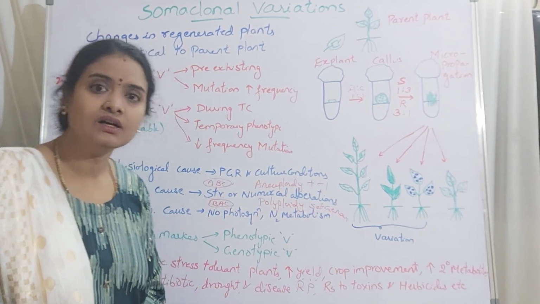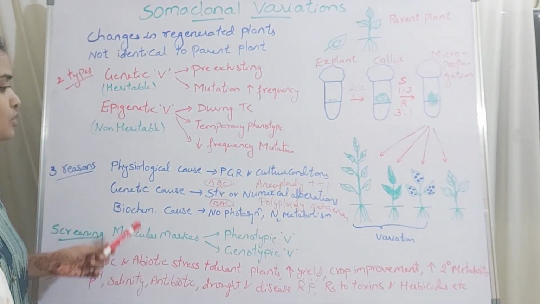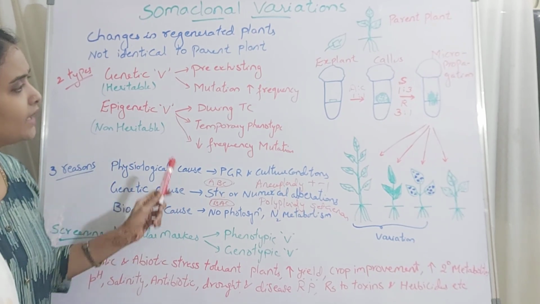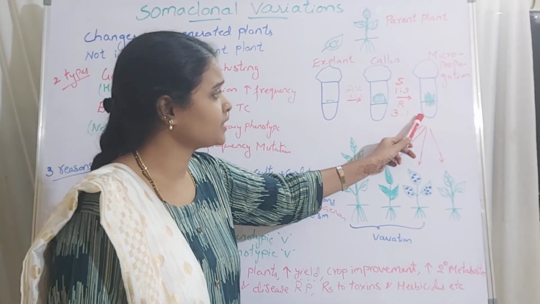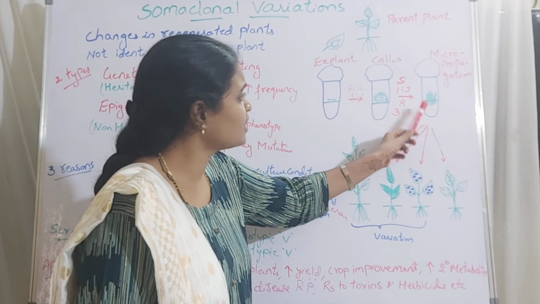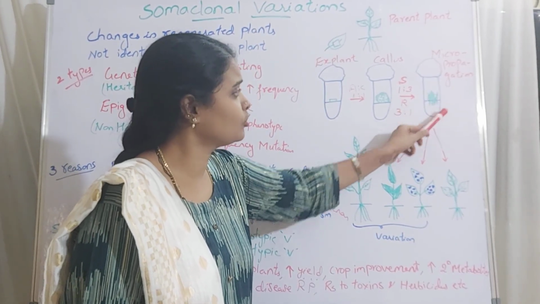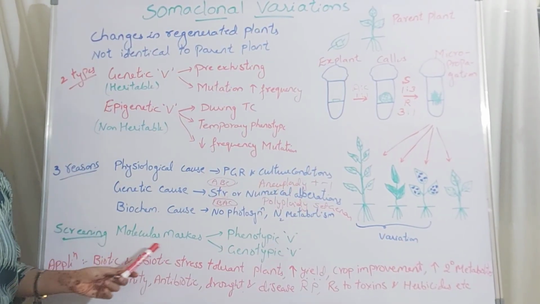Is that clear? So these are the three reasons why the plants are showing those variations. How can you know at the younger stage itself? After micropropagation, you will be shifting them to the greenhouse, right? In the greenhouse, when you are separating all the clone plantlets, you can go for molecular marker screening.